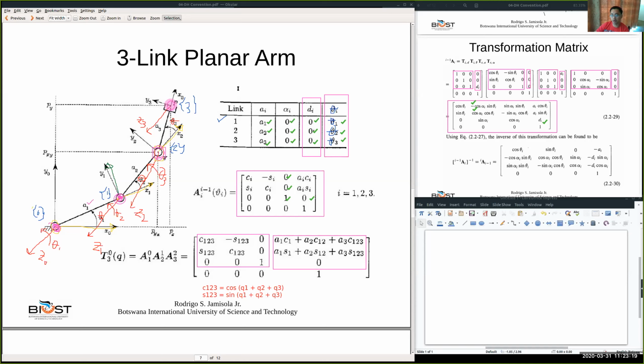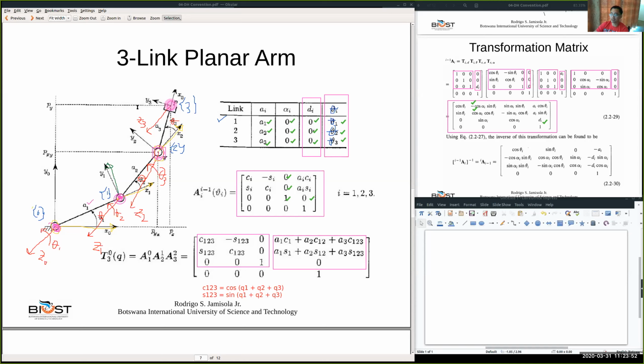And after identifying all the 4 DH parameters for all the links or joints of the robot, then we will know the transformation matrix, which is the relationship of the previous joint, I mean the i minus 1 joint, to joint i. That means the previous joint to the current joint. And so after knowing this relationship between reference frames, we will be able to find the total transformation from the base frame to the end effector frame.